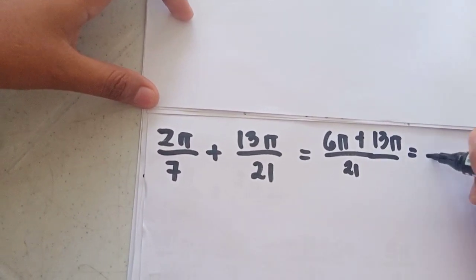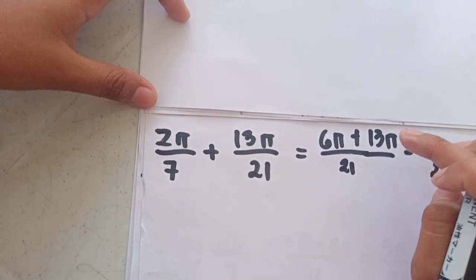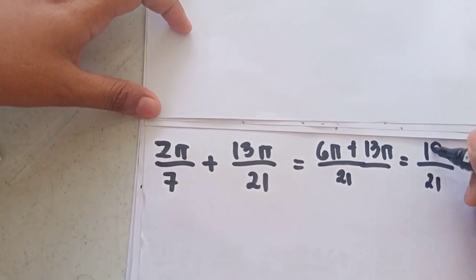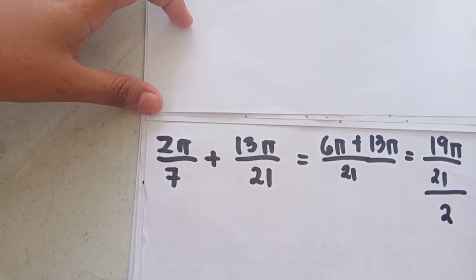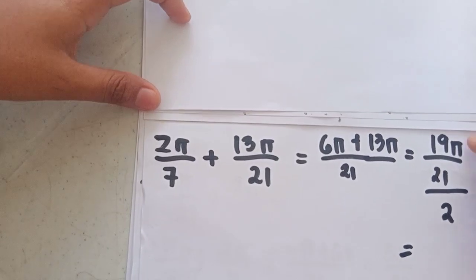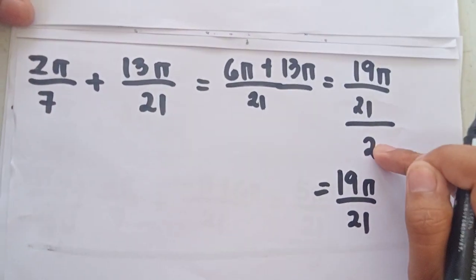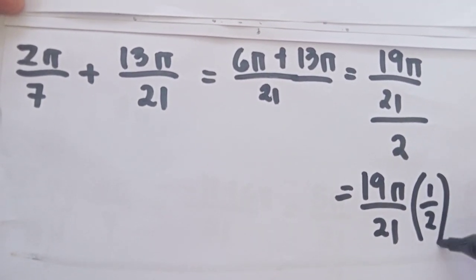Then 6 pi plus 13 pi equals 19 pi. Then divide by 2, so copy 19 pi over 21, then reciprocal the denominator into 1/2.